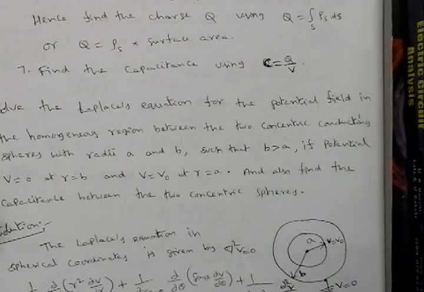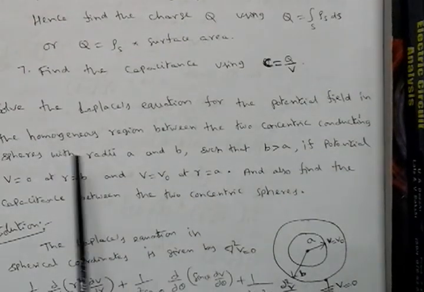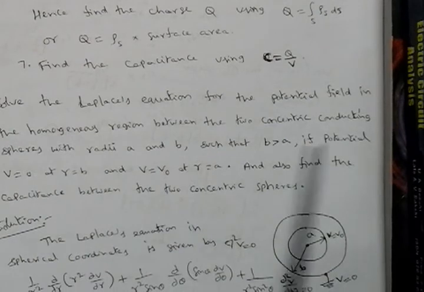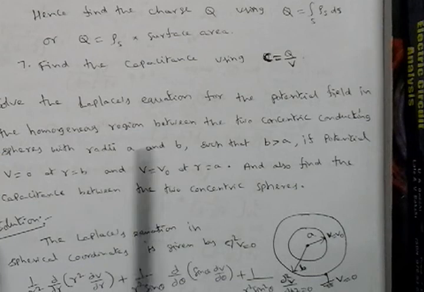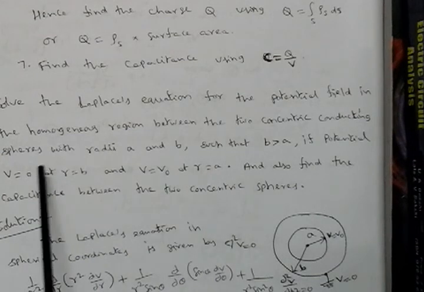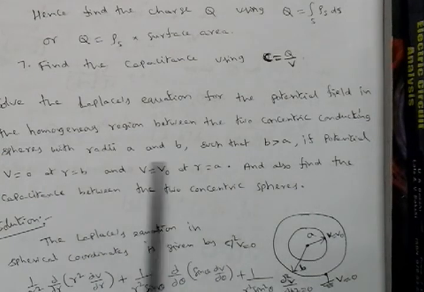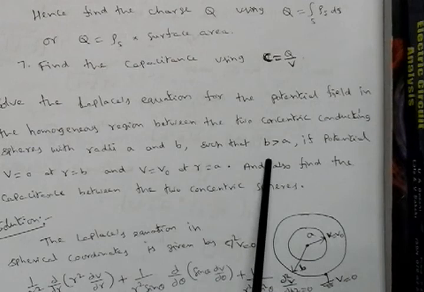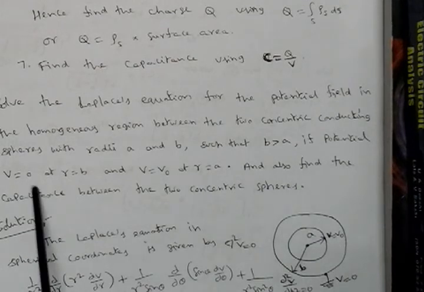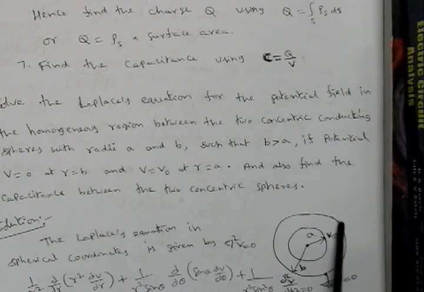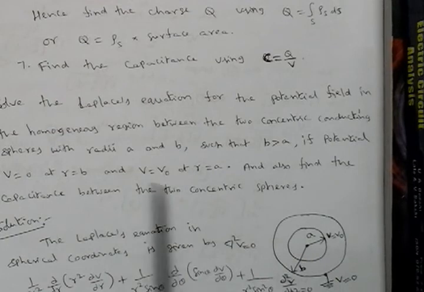So the problem is: solve the Laplace equation for the potential field in the homogeneous region between the two concentric conductor spheres with radius A and B. A is called the inner radius and B is called the outer radius, such that B is greater than A. If the potential V is equal to 0 at r is equal to B, that means at the outer conductor boundary the potential value is 0.